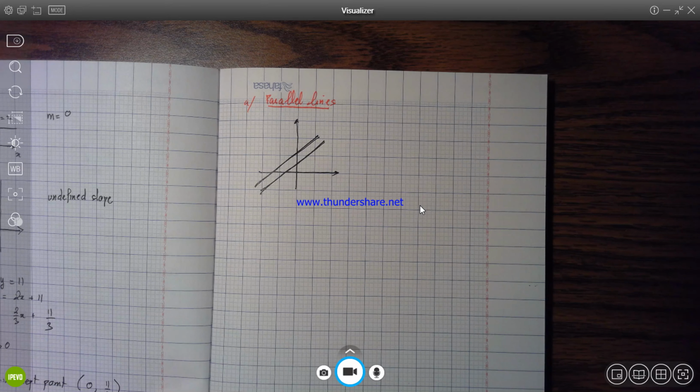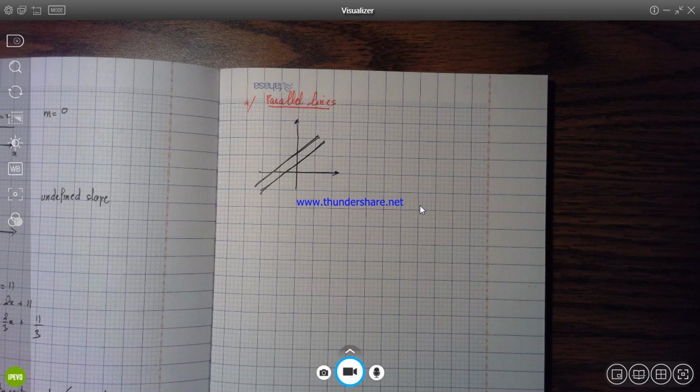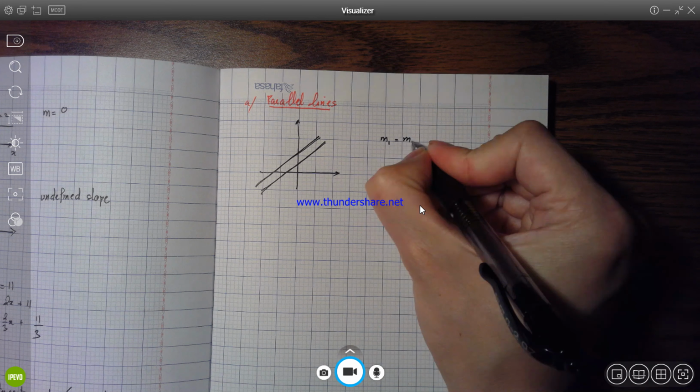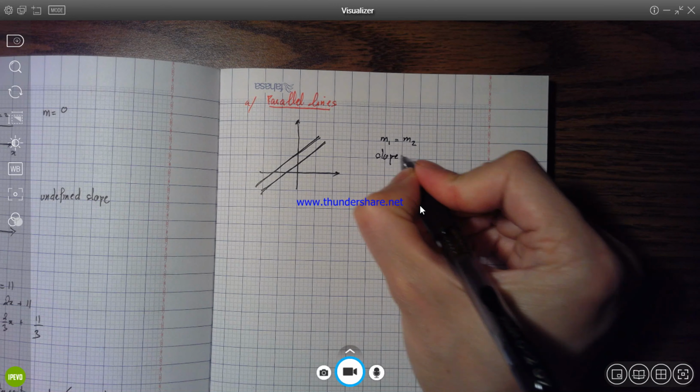Then what happens to the slope? If they are parallel to each other, then the slope will be the same. M1 equals M2. The slopes are the same.